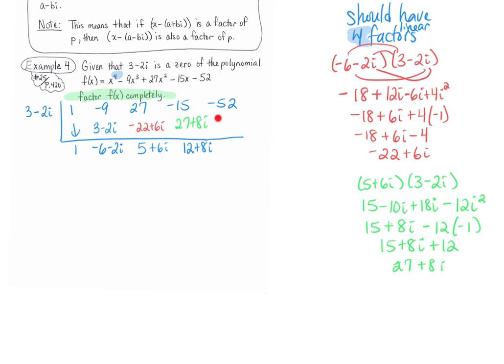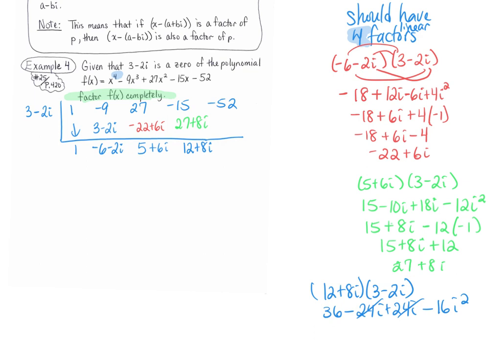What do we expect this to be? 52. We expect it to be 52, so let's just confirm it. You have 12 plus 8i times 3 minus 2i. That gives us 36 minus 24i plus 24i minus 16i squared.